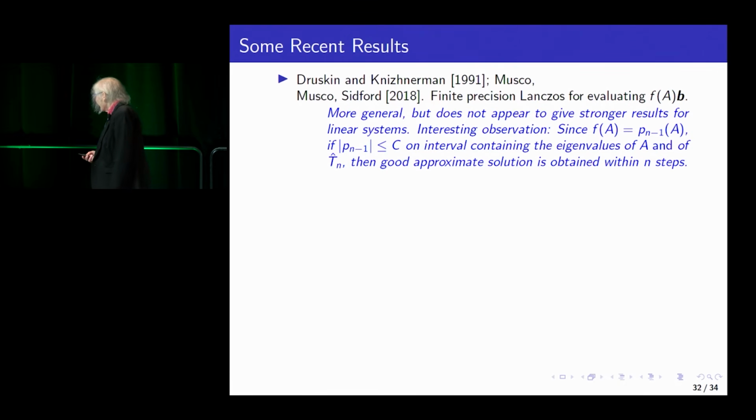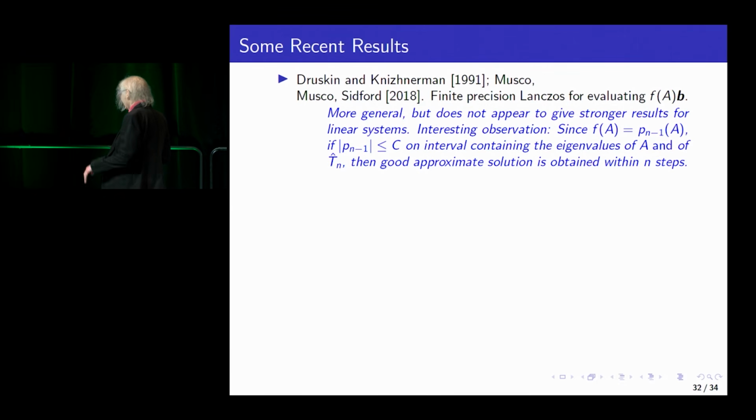Some recent results: an early result by Druskin and Knizhnerman dealt with more general functions than just A inverse b, and a recent paper by Musco, Musco, and Sidford expanded upon that, evaluating finite precision Lanczos for evaluating f of A times b.